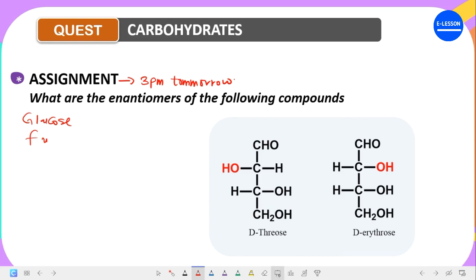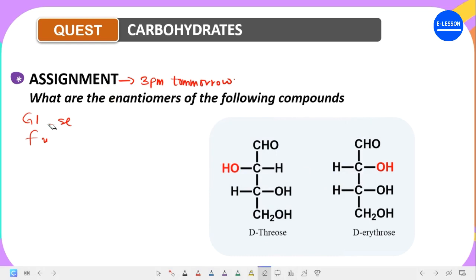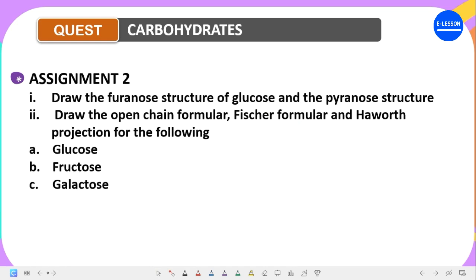So we have this first assignment here, and then we have the other one. Let me just bring them out so that we will not have any cause to complain. So we have this as our first assignment: what are the enantiomers of the following compound, which I've given to you before? And then 2, draw the Furanose structure of glucose and the Pyranose structure.